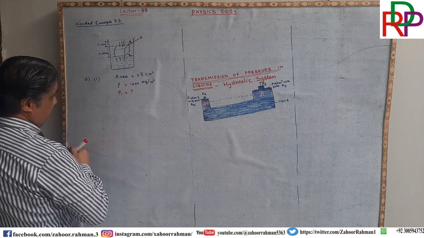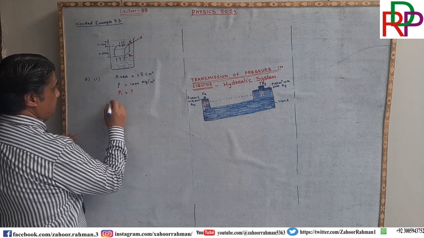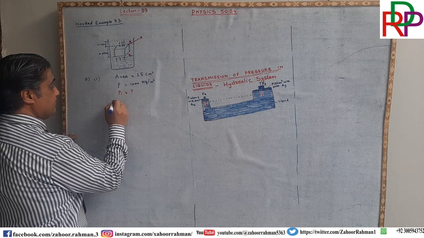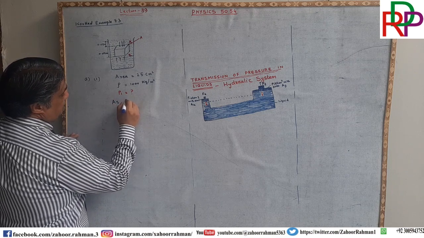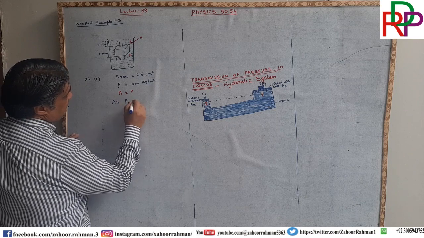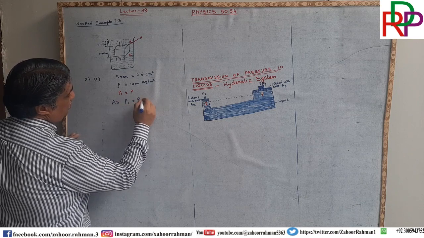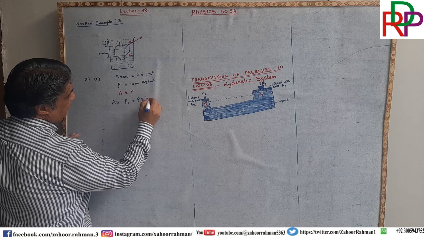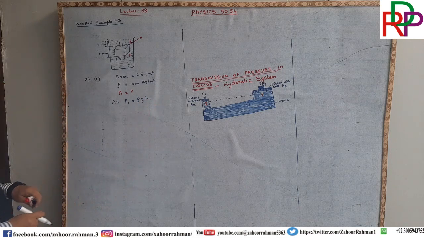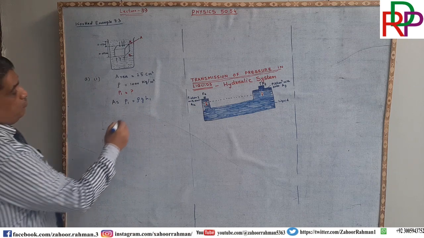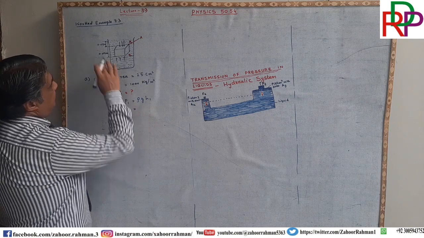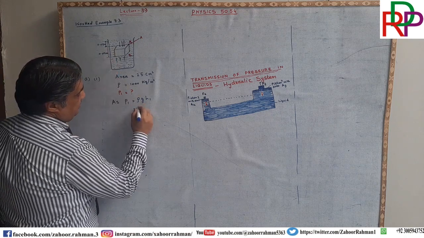So we will write the formula: pressure 1 is equal to rho g h1, and h1 is given as 0.05 meter.